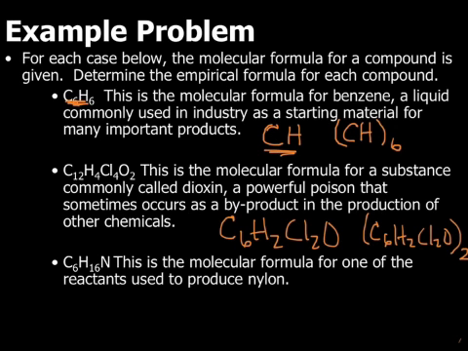So if we look at this, our empirical formula is actually the same as our molecular formula because there's nothing we can reduce all of those by. So our answer to this one would just be the same formula, C6H16N. So this is a case where the molecular and the empirical formula end up being the same.